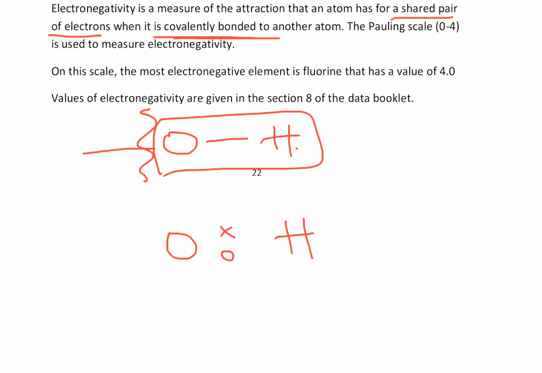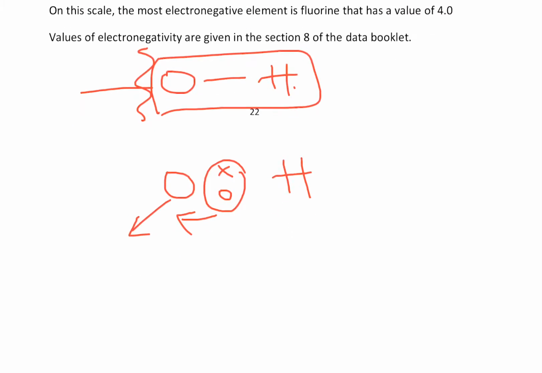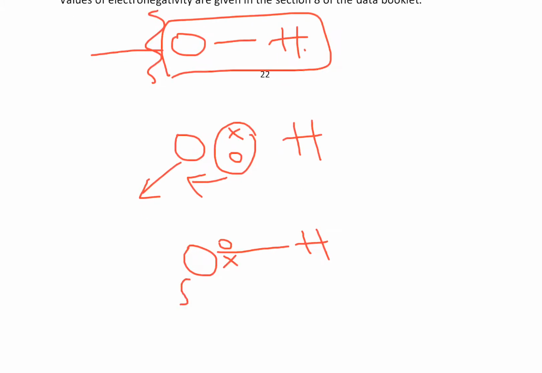Oxygen is more electronegative, which means that it has a tendency to attract that shared pair of electrons closer to it. In that bond, the shared pair of electrons is going to be closer to the oxygen compared to the hydrogen, so we associate a delta minus to the oxygen and a delta plus to the hydrogen.